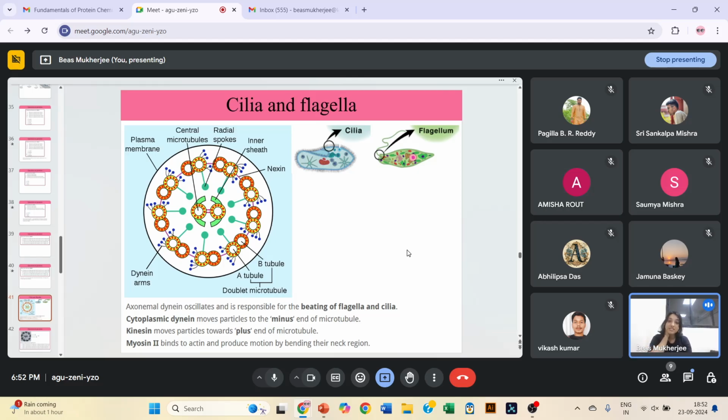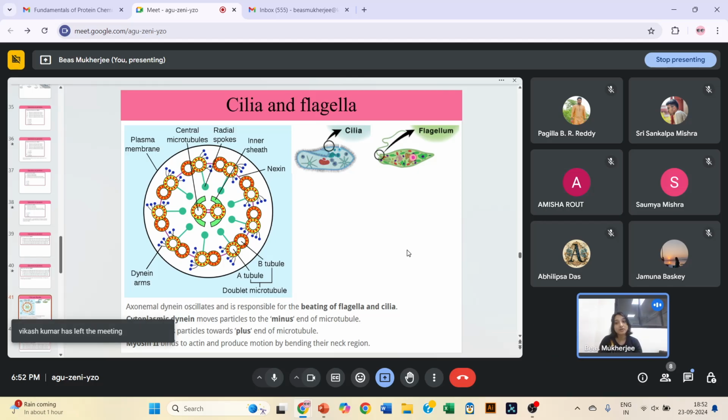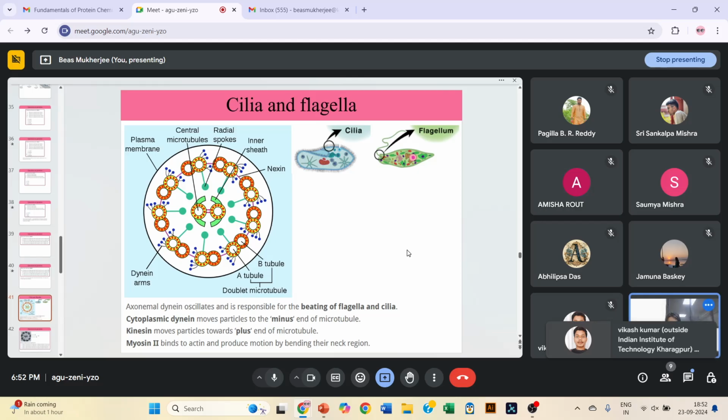Cytoplasmic dynein moves particles to the minus end of the microtubule. This is actually axonemal dynein, and this oscillates and is responsible for the beating of the cilia and flagella. Axonemal means dynein present in the axoneme. Kinesin moves towards the plus end of the microtubule.